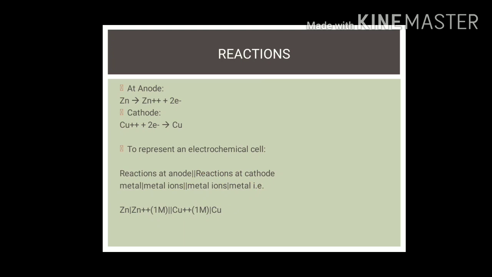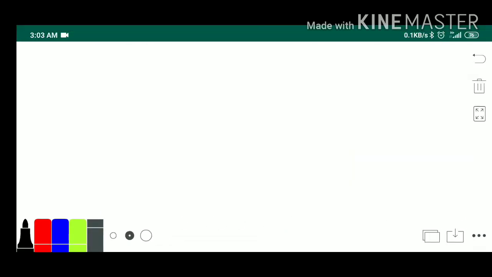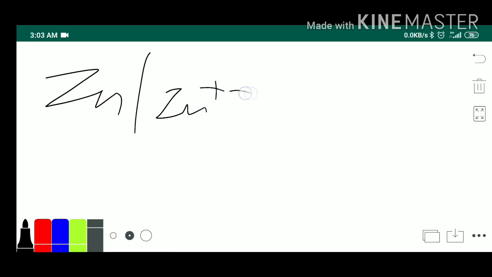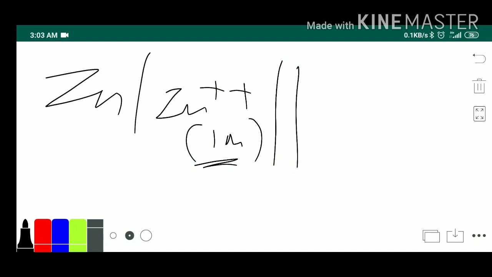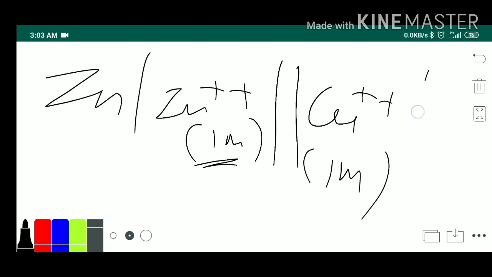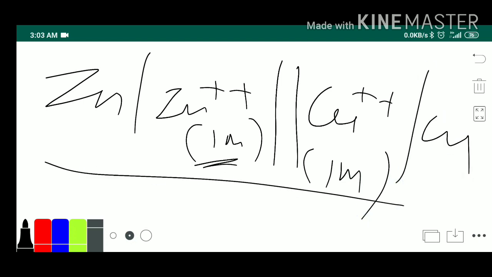That means zinc gives zinc ion. I have taken 1 molar concentration, and after 2 lines, copper ions with 1 molar concentration of solution, and copper. This is the general representation of a galvanic cell.